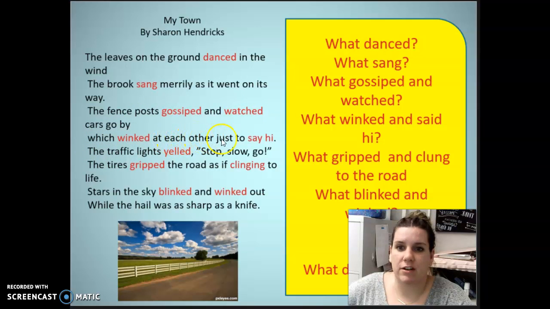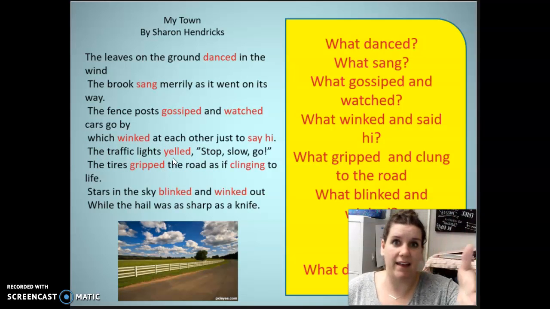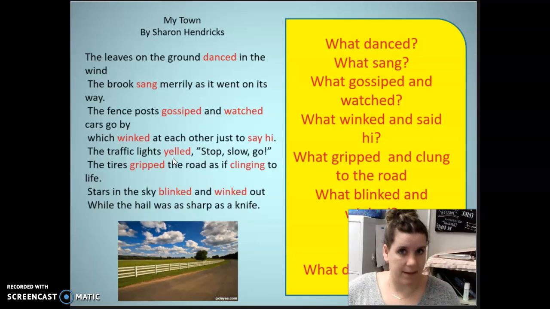Which winked at each other just to say hi. Again, cars aren't winking at each other and they're not saying hi. The traffic lights yelled, stop, slow down. When I see that, I'm imagining in my head the traffic lights are red. So the author's trying to describe something, but they're using personification.